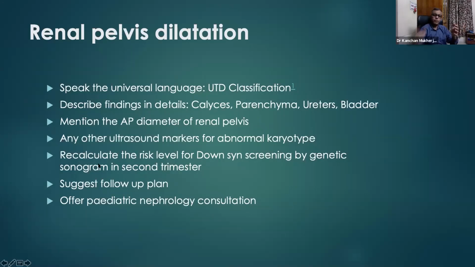And then you may have to recalculate the risk level for Down syndrome by genetic sonogram if the patient is in the second trimester. And on the next slide, I will show you how is that done. You have to again suggest a follow-up plan and offer a pediatric nephrology consultation. So your job does not end only by writing renal pelvis dilatation.